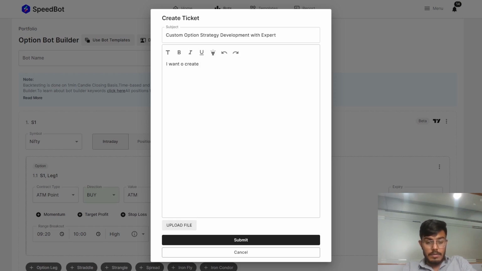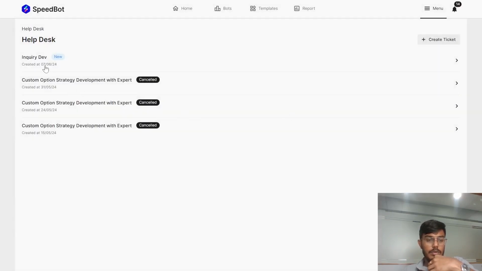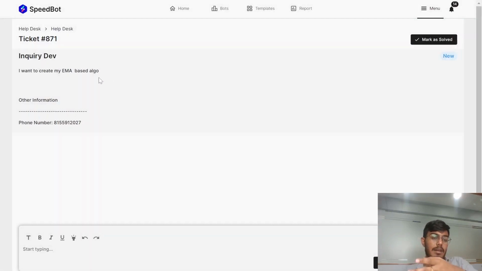create my EMA based algo, right? So a development inquiry, or whatever things that you would like to mention. Once you click on the submit button, then you'll be able to track the ticket number over here as well.